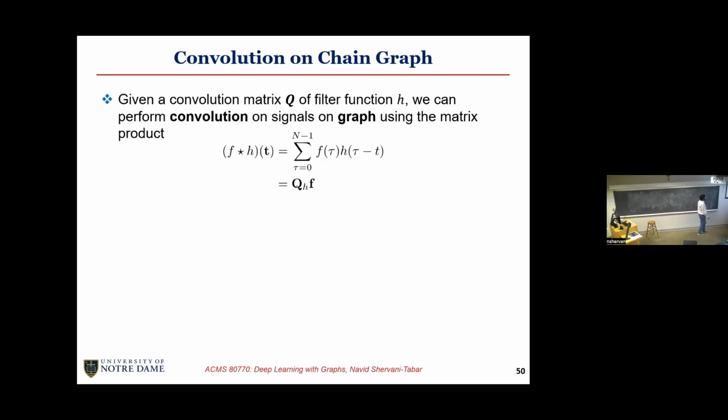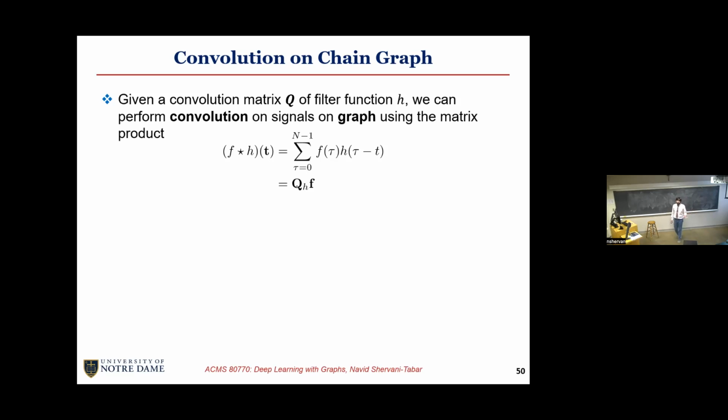Now, after defining these two, we are going to talk about convolution on chain graphs. So we can define, similar to this, the two operations, the shift operation and the difference operation. We can apply this using some matrix multiplication.